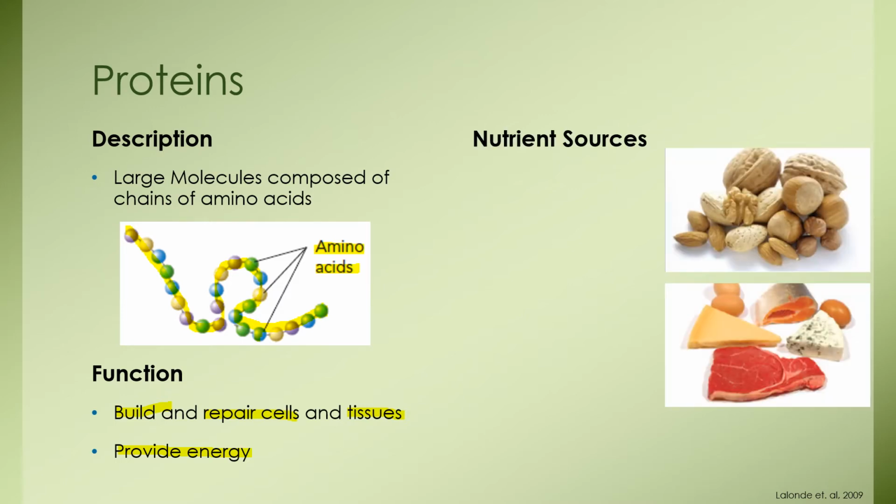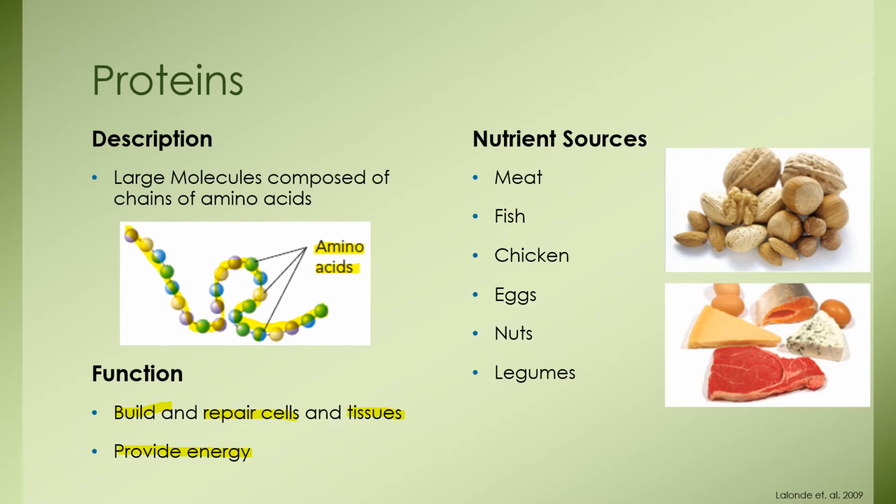There are a lot of sources, but the best ones are meat, fish, and chicken. Anything that comes from animals is a good source of protein. So you ingest a lot of protein when you eat some meat, some fish, or some chicken. But eggs also have it, nuts also have it, some legumes also have it, okay?